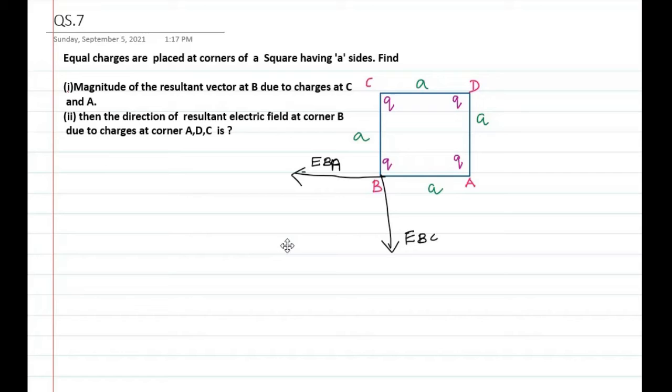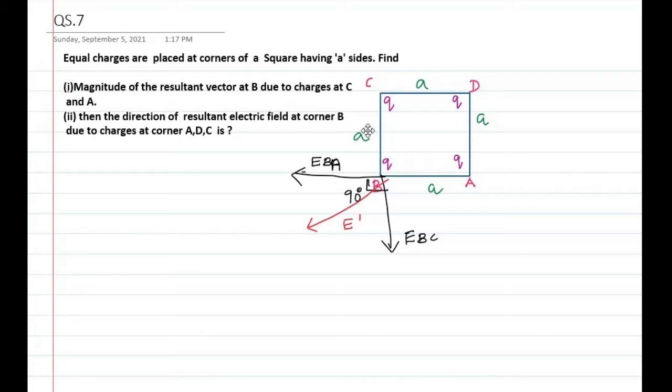Now what is the angle formed? It will be 90 degrees. Now we have to find the magnitude of the resultant vector. The resultant lies along this direction, so let it be E dash.